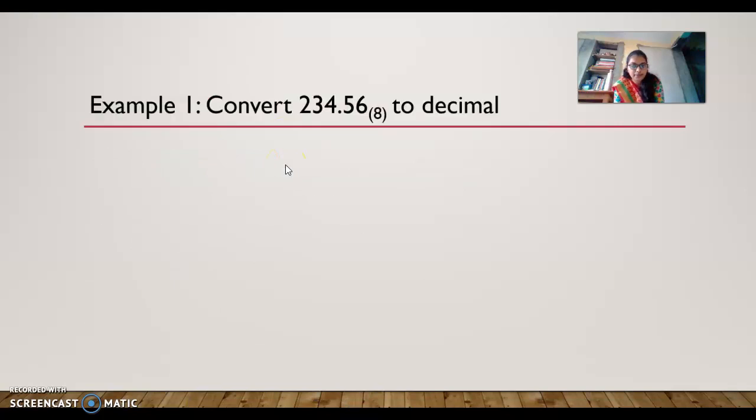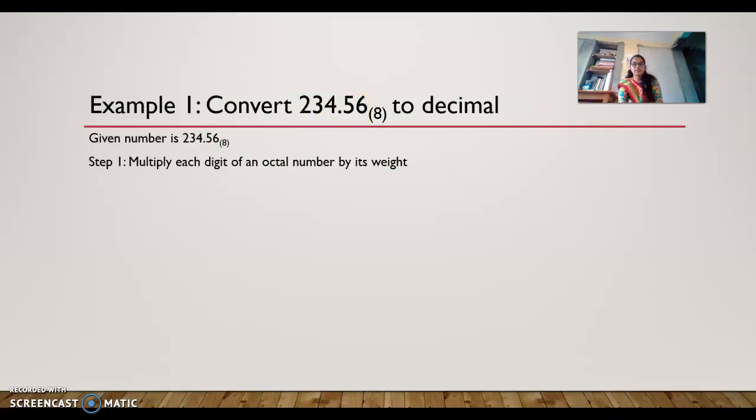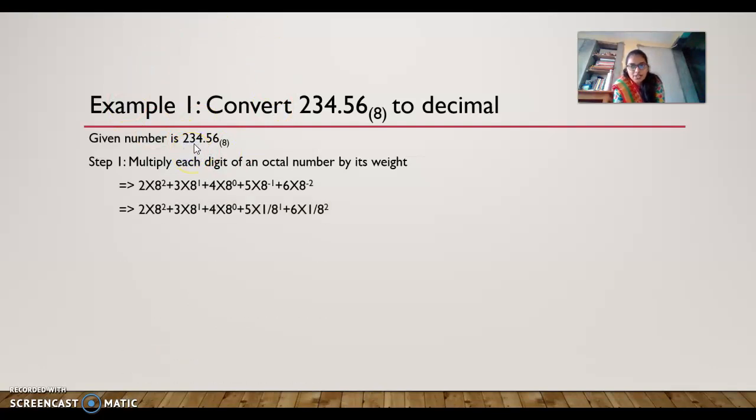Taking another example. Here in this example, we have two parts. One is the integral part, another one is the fractional part. Again, start multiplying each digit of an octal number by its weight. The non-fractional part will contain positive integers as powers, whereas the fractional part will consist of negative integers.